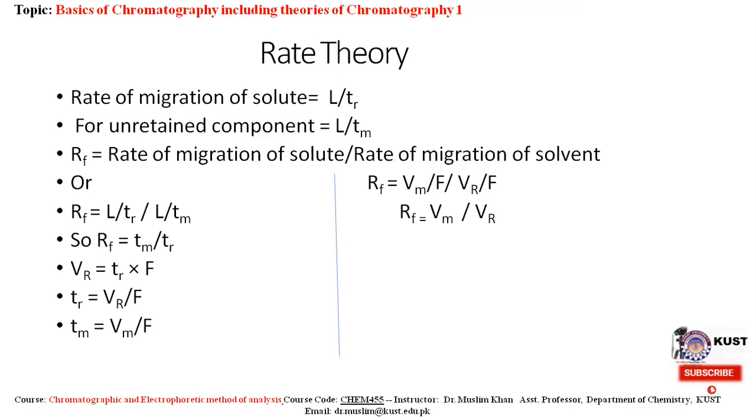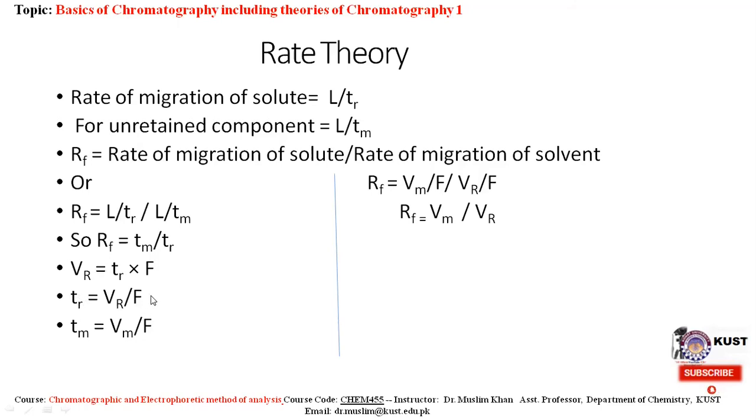TR is the retention time and F is the flow rate of the mobile phase. Rearranging equation number 4, we get TR equal to VR divided by F. This becomes equation number 5, the time taken by the retained component.